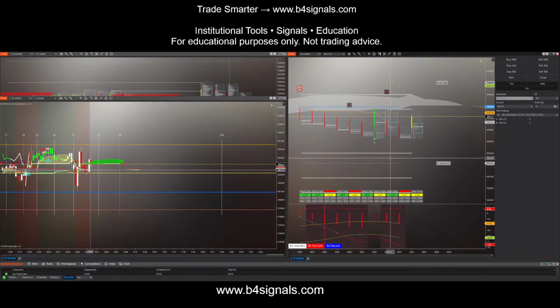Absorption, where the buyers be. Shift in pace. It's showing a future TK cross here, future Kumo twist there. If we can get above this cloud, I'll say we have some potential here in a move.